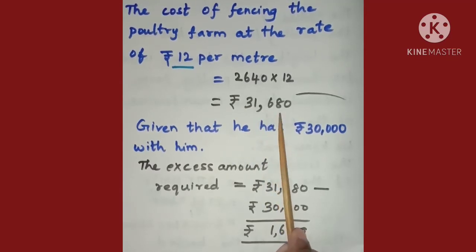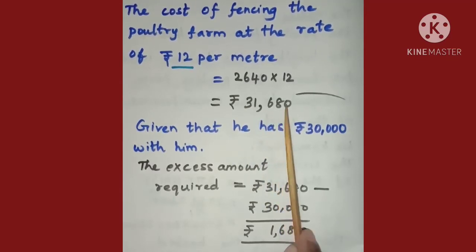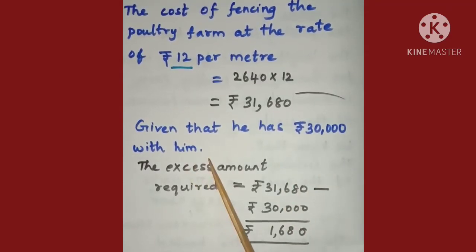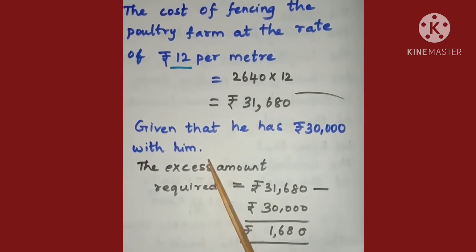The cost of fencing the poultry farm is 31,680. But in the problem it is given that he has 30,000 with him. Our question is to find how much more amount will be needed to fence his farm.